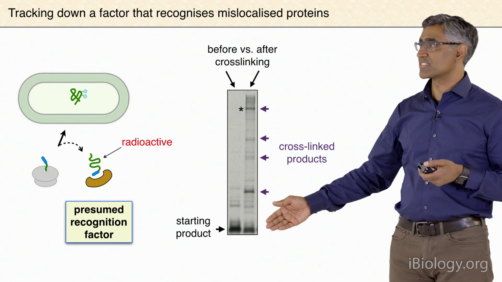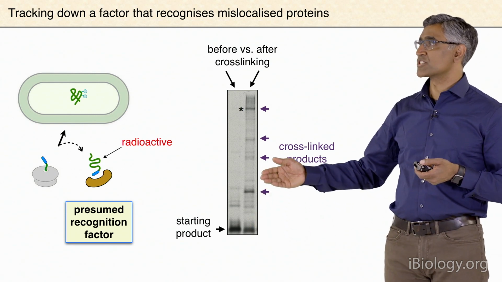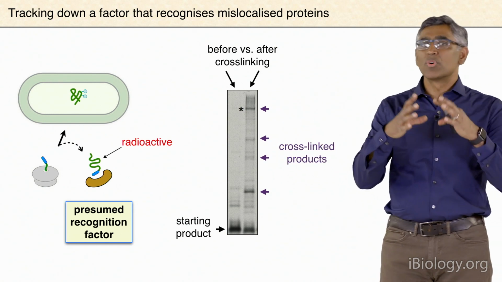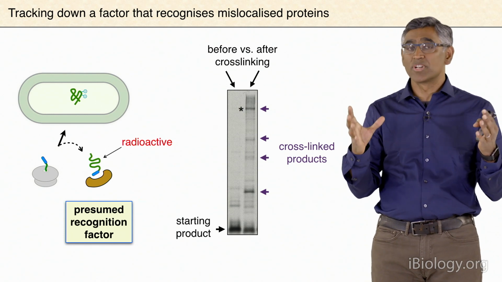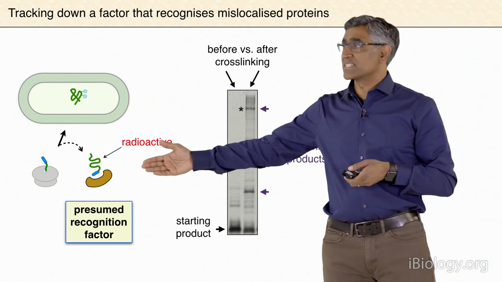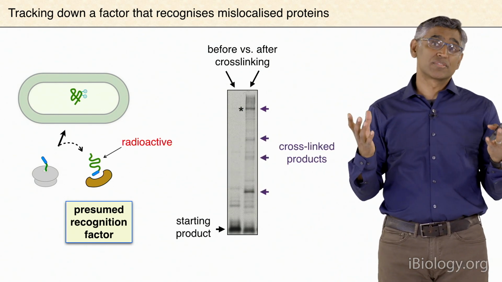And then after crosslinking, you can see that it's diminished and some of it has shifted to these different sizes. And what we knew was that the factor we were looking for was likely to be a very large factor, because the activity for attaching ubiquitin to our protein was a large factor.